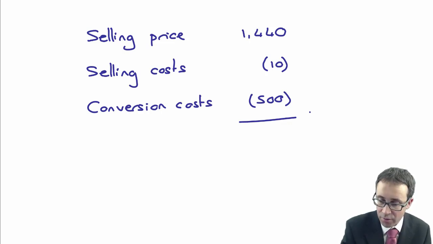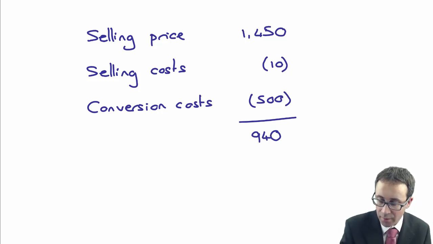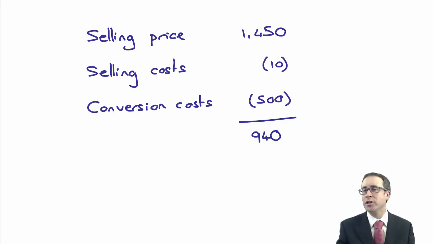So does that give me, is it 930? Careful, thought that looked wrong. That should be 1,450, shouldn't it? Okay, I have the answer stored in my memory, and when I got 930 on my calculator there, I anticipated I'd done something wrong. You probably already spotted that, so if you had, very well done indeed.